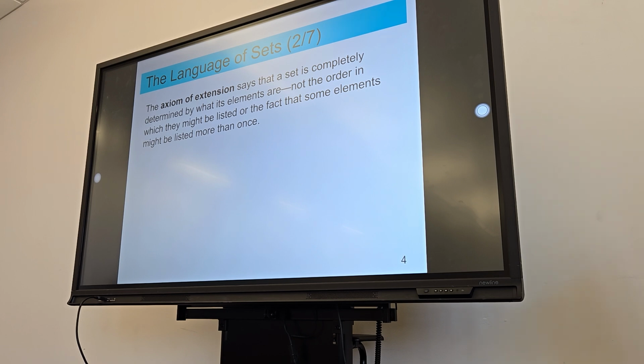An array with a duplicate is not the same as an array without a duplicate. So they are different in C++. But when speaking about sets in general, you can have duplicates and the order doesn't matter.